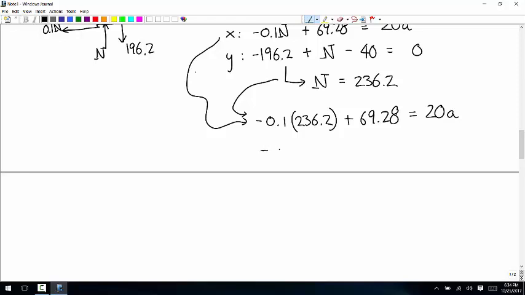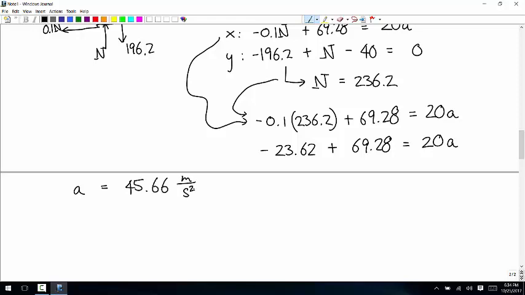So now we have negative 23.62 plus 69.28 is equal to 20a. Can someone calculate that for me? So a is 45.66 meters per second squared.